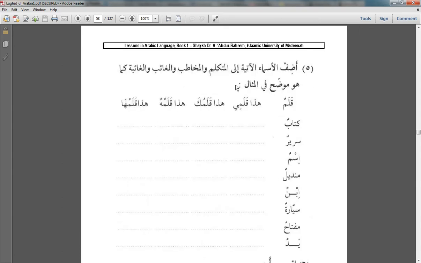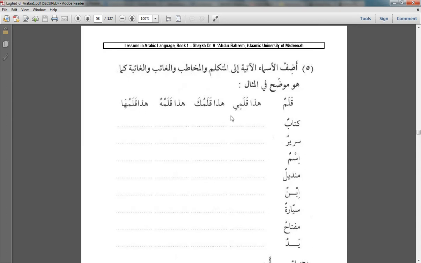أضف الأسماء الآتية إلى المتكلم والمخاطب والغائب والغائبة كما هو موضح في المثال. So here they're giving you a list of things and they're telling you, just like in the examples, you are supposed to make the dhamir, the mutakallim, which is basically the first person, second person, third person masculine, third person feminine.